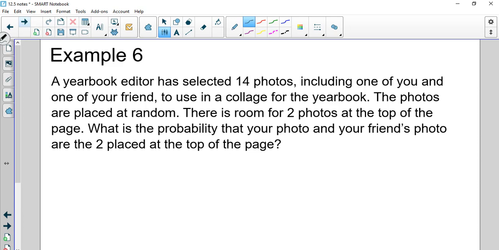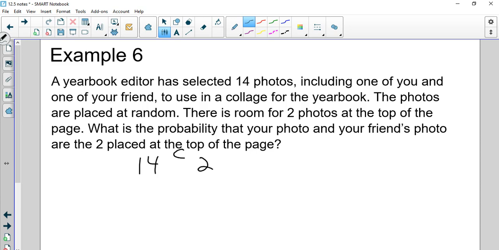Okay, your book editor has selected 14 photos, including one of you and your friend to use in a collage. The photos are placed at random. There's room for 2 photos at the top. What's the probability your photo and your friend's photo are the 2 placed at the top of the page? So this is going to be similar to the parade problem. We have 14 photos. We're picking 2, and we're doing a combination.